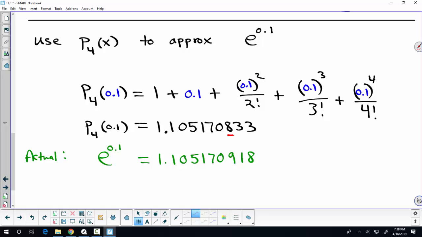So any questions on this? I didn't have a calculator. Yeah, because we could square 1 over 10, 1 over 100, 1 over 1,000.